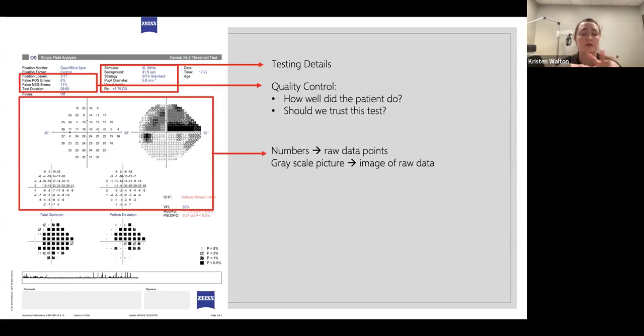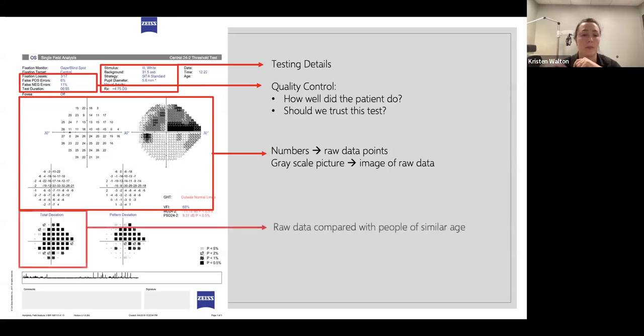These initial numbers here are kind of the raw data points. The grayscale picture is really good for patient education, but we're paying attention more so on the fields on the bottom, or where you see all those little black squares, to really know what the true defects are. The one on the left is the raw data compared with people of similar age.